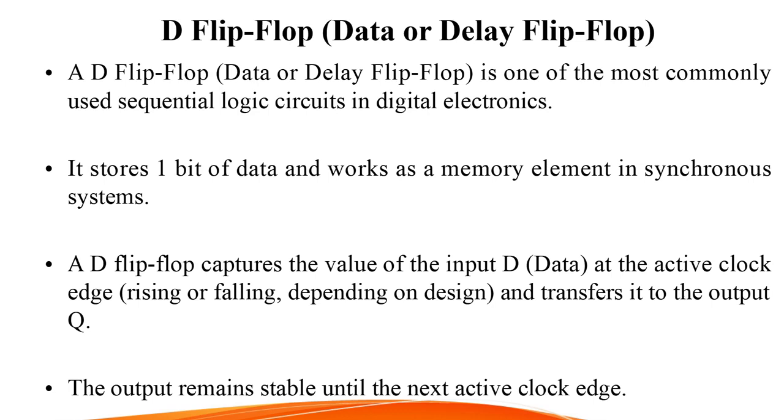D flip-flop captures the value of the input data at the active clock edge, maybe rising edge or falling edge, that depends on the design, and transfers it to the output Q. The output remains stable until the next active clock edge.